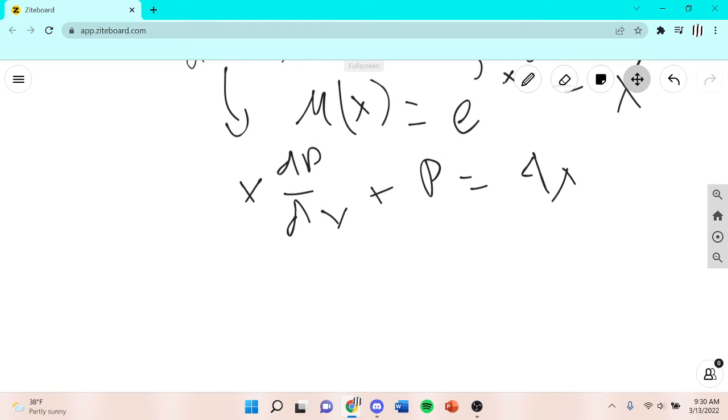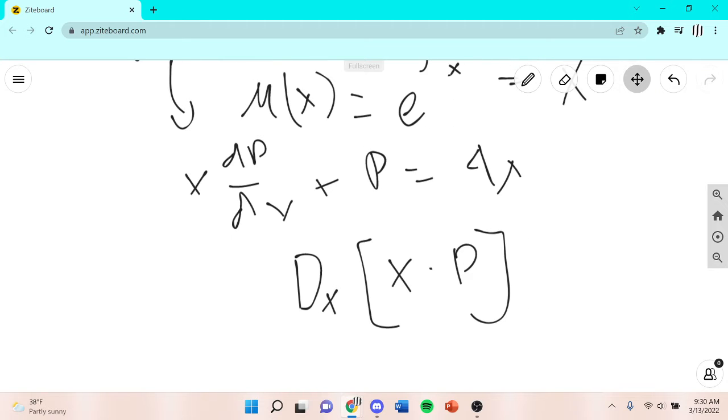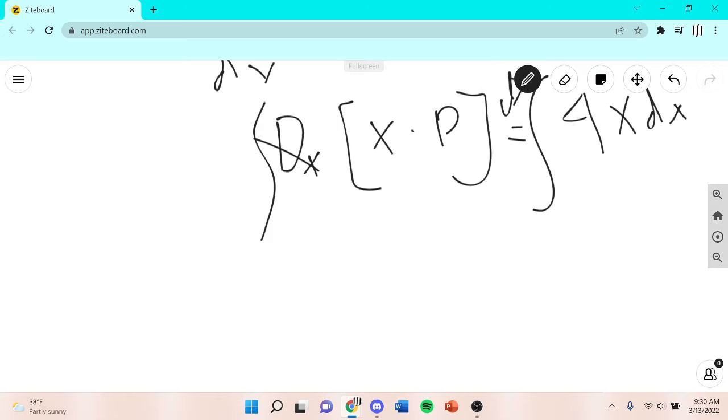So now we know the derivative of x, our integrating factor, times p is equal to 4x. I'm going to integrate both sides with respect to x, and then these just cancel out, so it just becomes x times p, and then the integral of this is 2x squared plus c, but we're going to have to call this c1.